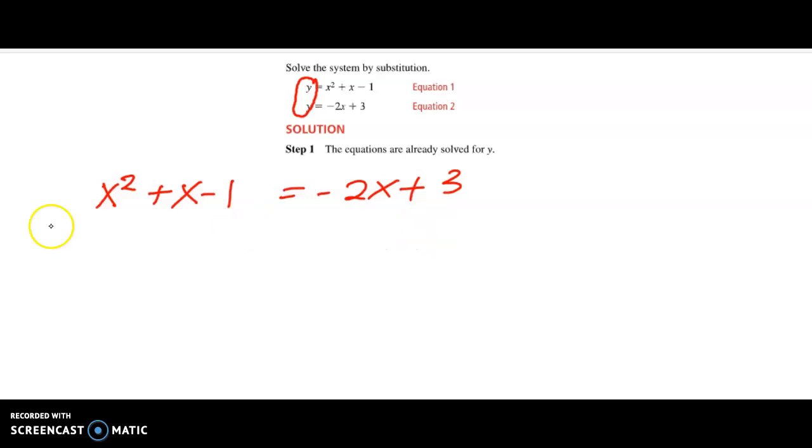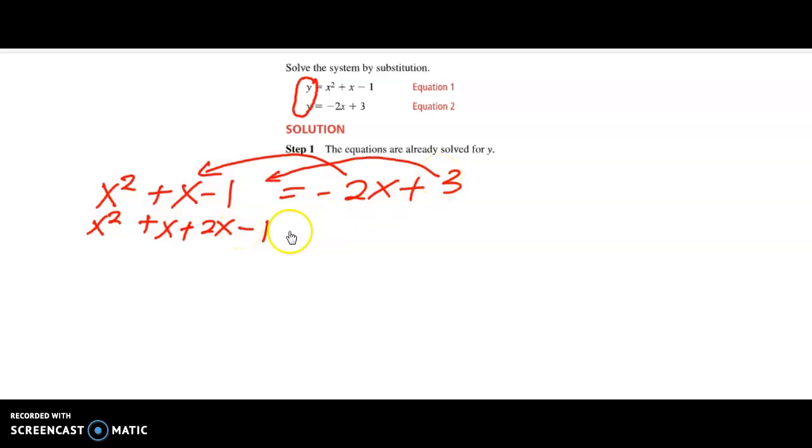Okay, so this is now an equation using one variable only. If we arrange that in standard form, we get x squared plus x. You have to move the 2x over, so that's going to become plus 2x minus 1. Then move the 3 over also, and I get -3 is equal to 0.